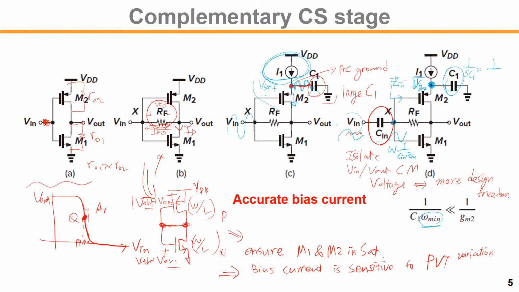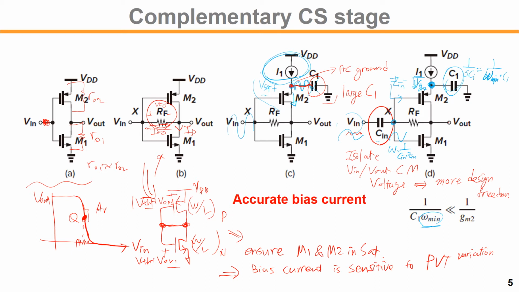That would be, at the lowest frequency, where the impedance is high, 1 over omega min times C1, which would be the maximum impedance seen by C1.